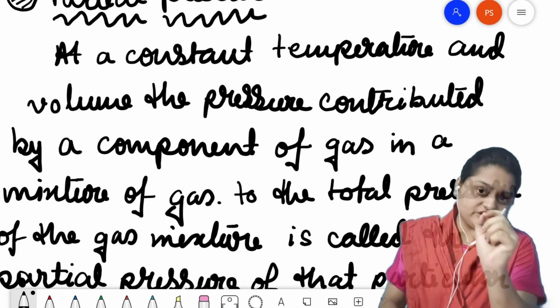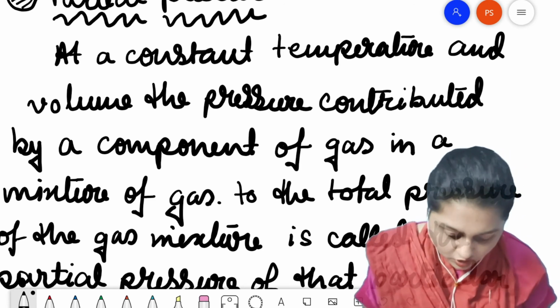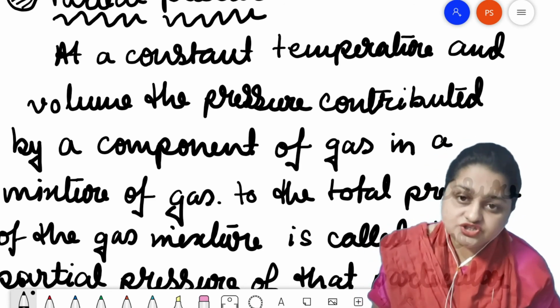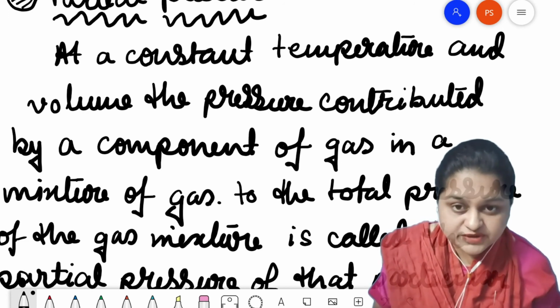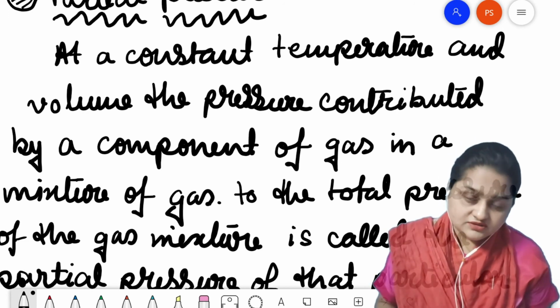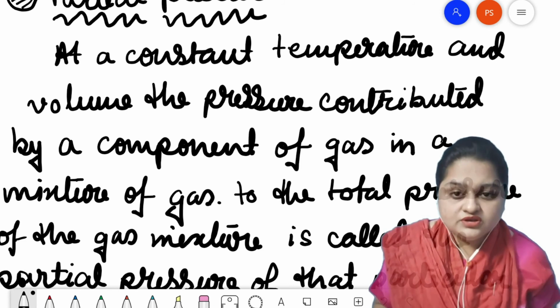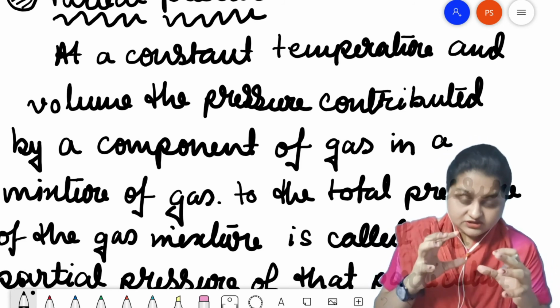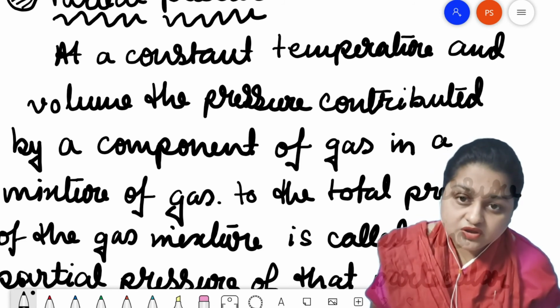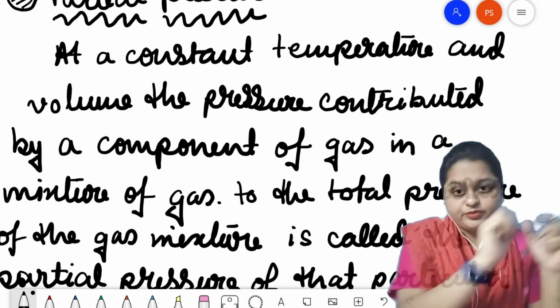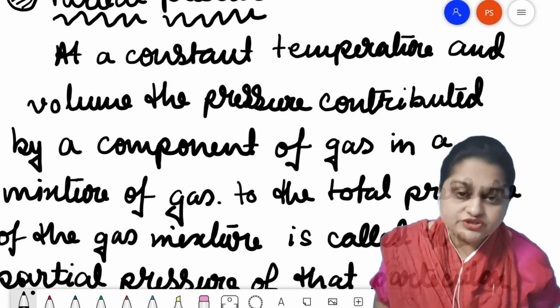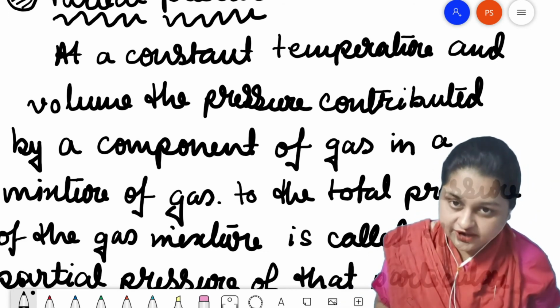So the partial pressure concept is for a gas in a mixture. When a gas is present in a mixture, the contribution that this particular gas makes to the total pressure of the gas mixture is known as the partial pressure of that gas.